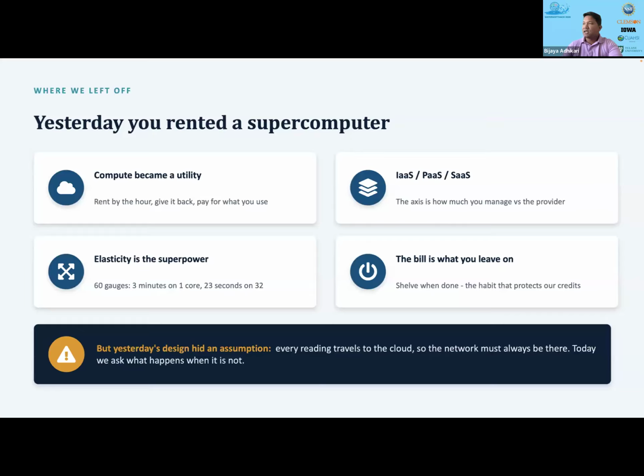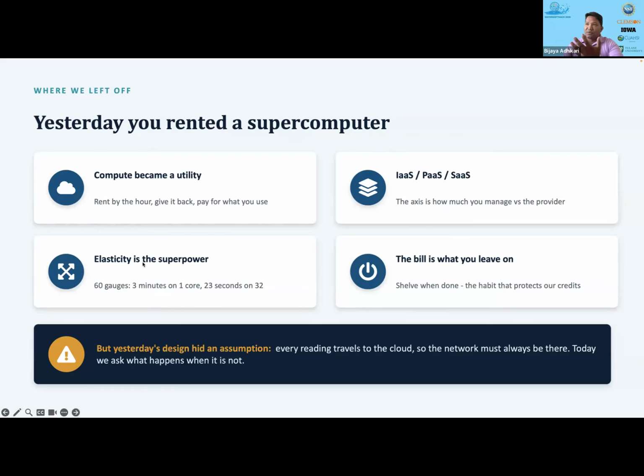Software as a service is on the other end: you as a user do not have to maintain or code anything, and there is an end product sitting for you in the cloud. Platform as a service is somewhere in between, where there is an API and you can still develop your application over the cloud, but you do not have the full control that infrastructure as a service provides.